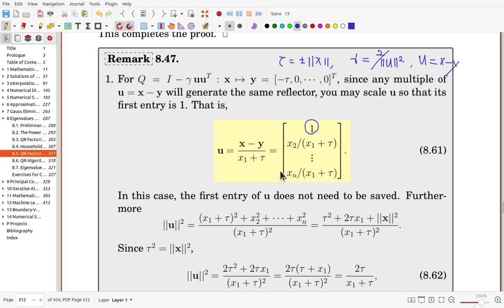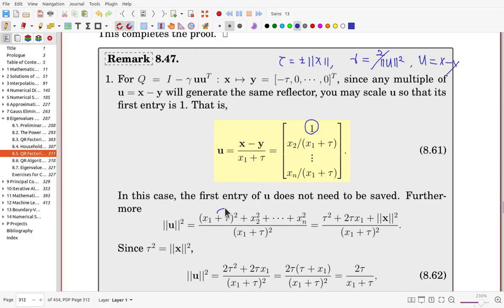Now, for this scaled u, let's try to get the length of the vector. The norm of u squared: the first component originally is x1 plus tau, squared, the second one squared, and so on, and then that quantity squared.